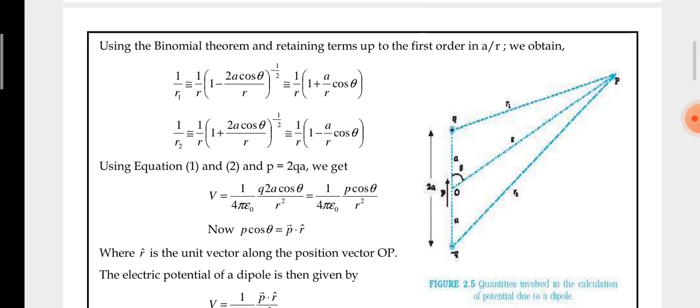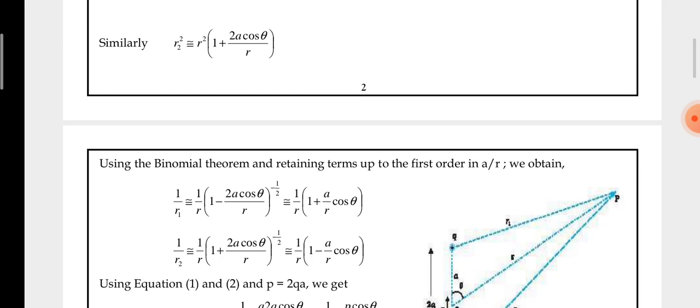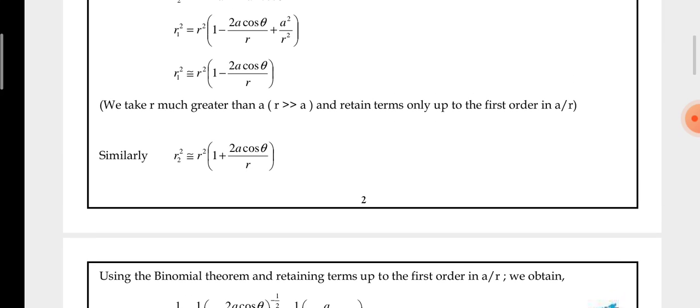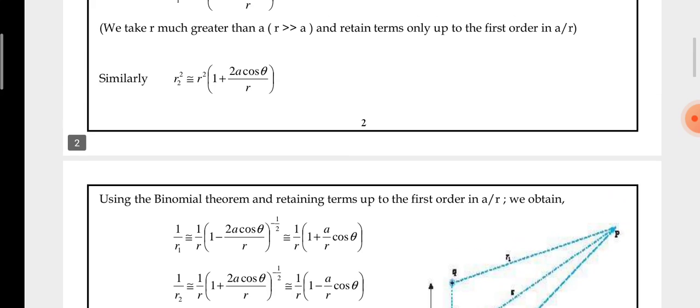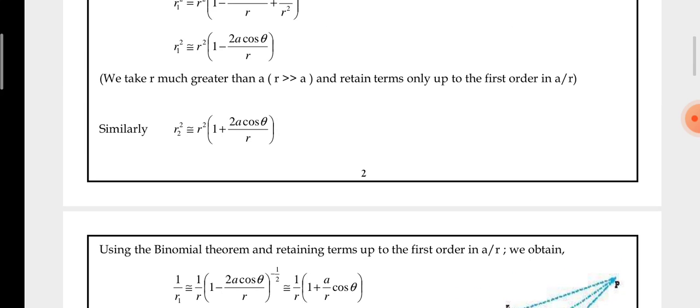Using the binomial theorem, R1 is approximately equal to R into 1 plus 2a cos theta by R, the whole power 1 by 2.